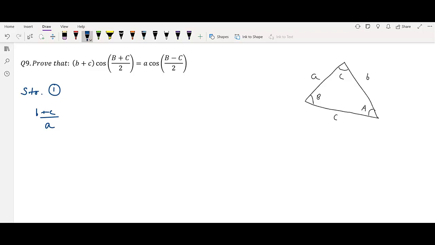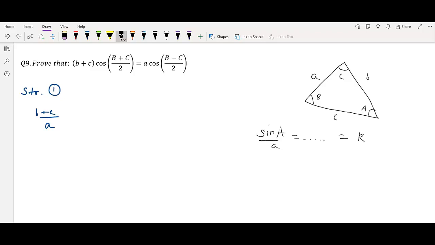Now the sine law states that sine A upon a, the sine of angle A upon the length a, is equal to the sine of angle B upon the length b, which further equals the sine of angle C upon the length c, and all of these values equal some constant k.